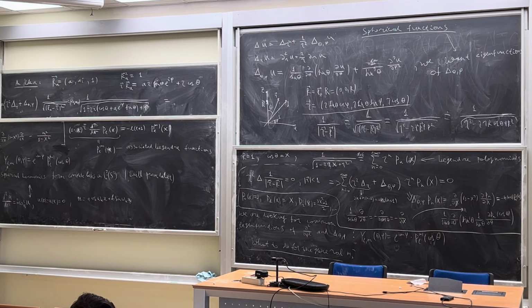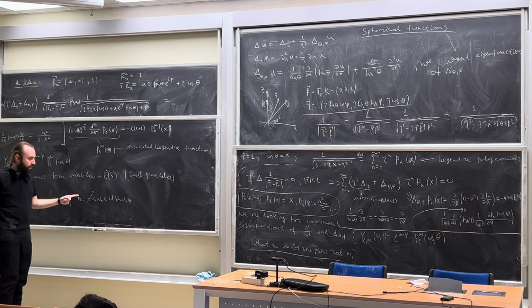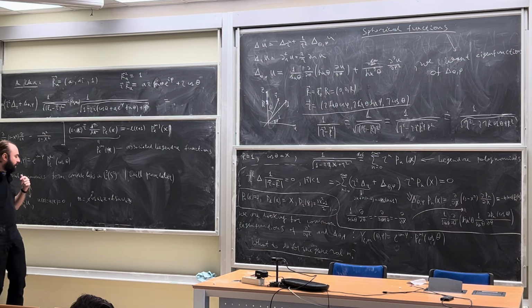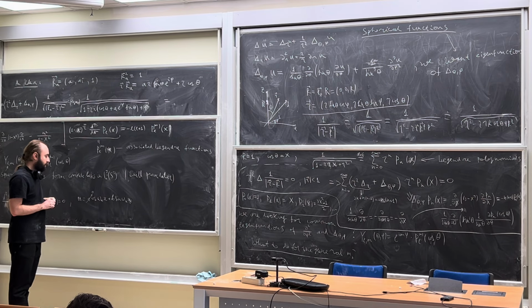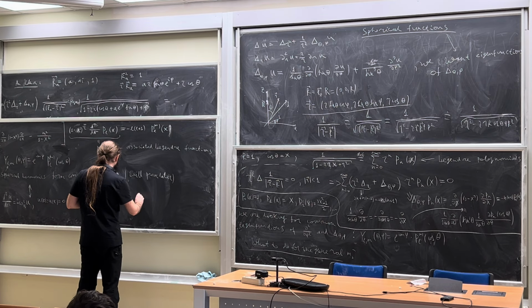We need the function to vanish. So what should we do immediately if we want to satisfy the left boundary condition? Then one boundary condition is satisfied, but what about the second one?